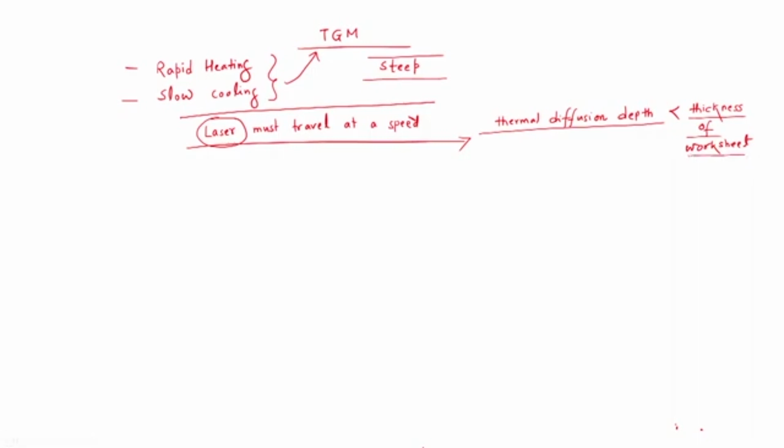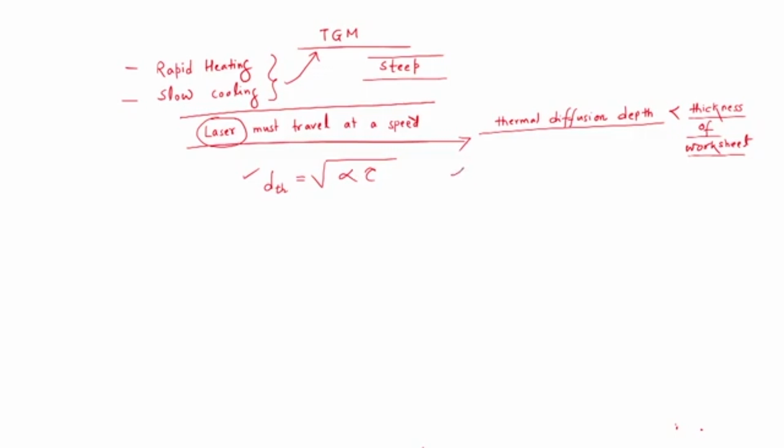So, let us denote the thermal diffusion depth by the letter D subscript TH. So, this D_TH should be less than the workpiece thickness. It has been noticed that this D_TH, that is thermal diffusion depth, is approximately equal to root alpha into tau.